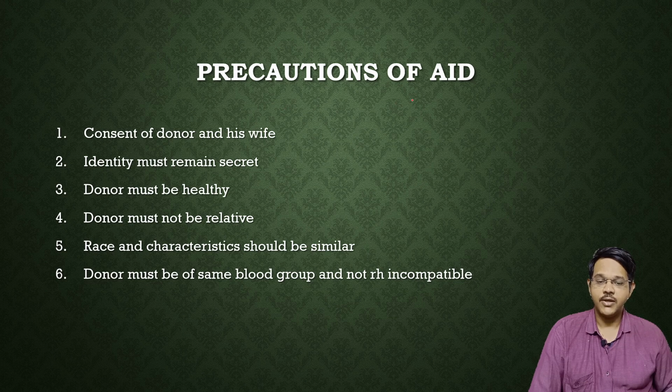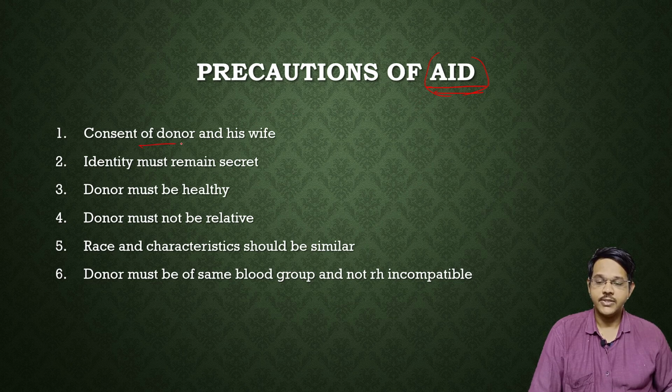Precautions which have to be taken before use of artificial insemination donor. Before using donor semen, some precautions have to be taken by the doctors who do the insemination. If the semen is homologous, that is from the husband himself, it can be done without any restriction. But if donor semen is used, precautions have to be taken.